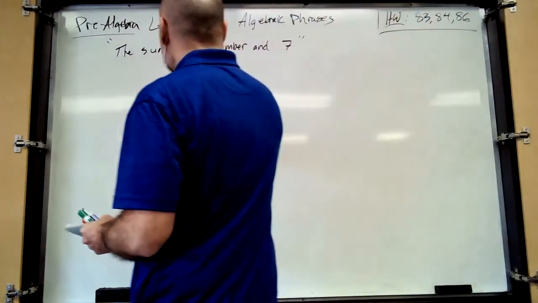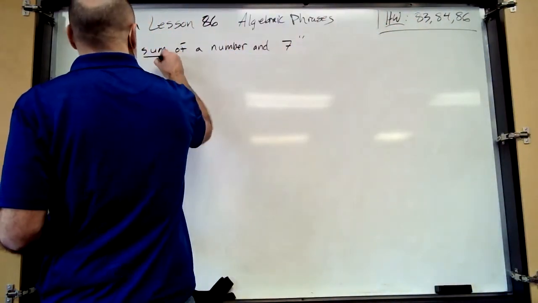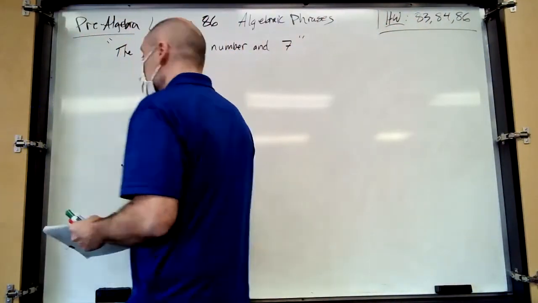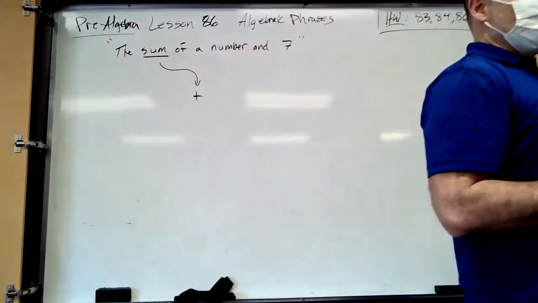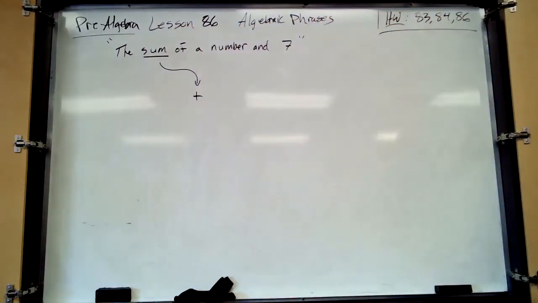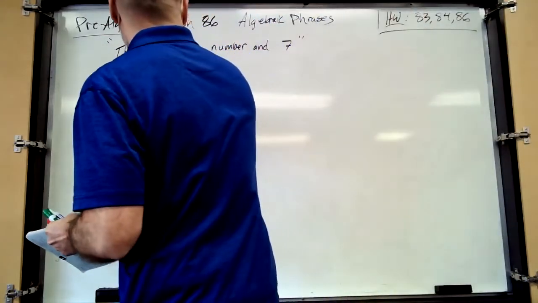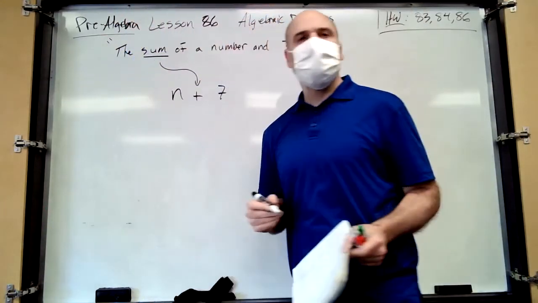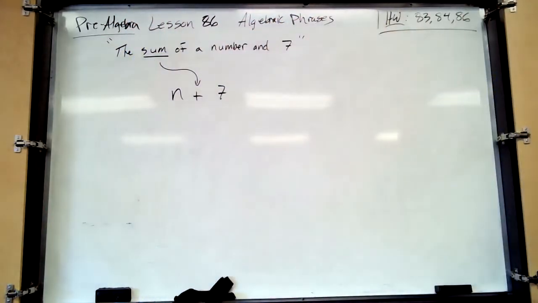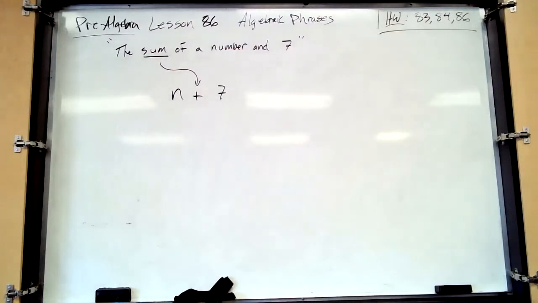Okay, so this means it's going to be something added. Well, what are you going to add? A number. How do you say a number? N. And how do you say 7? 7. Okay, does that make sense? That's all you have to do for that problem. You just have to translate it into an algebraic phrase. Can you guys handle that?